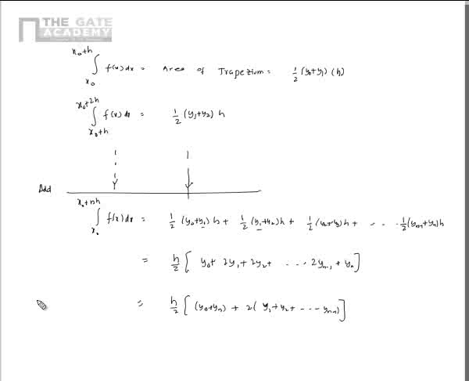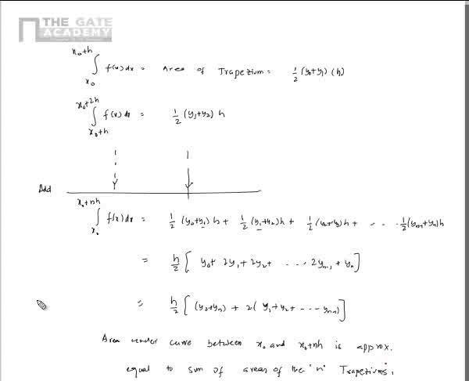So the area under the curve between x0 and x0 plus nh is approximately equal to the sum of the areas of the n trapeziums.